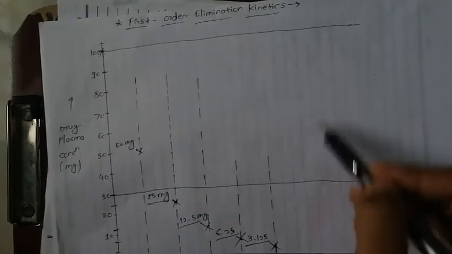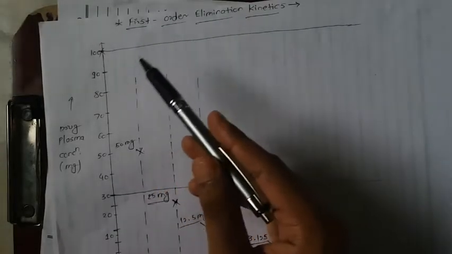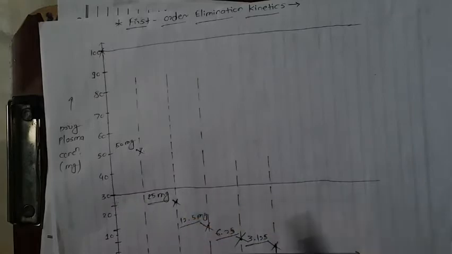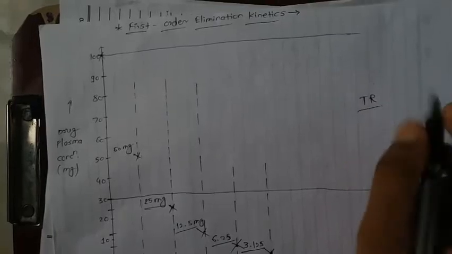So suppose therapeutic range is 100 milligram above and 30 milligram below. So that is therapeutic range.